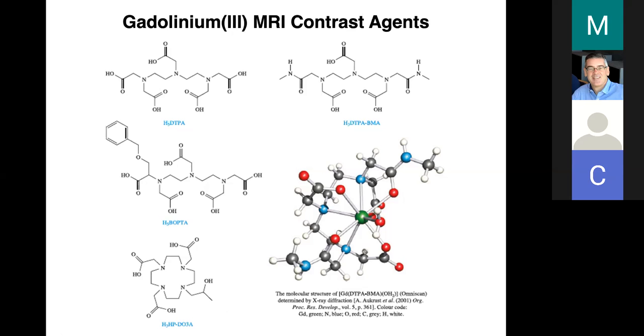And that allows us to have a larger contrast in imaging various tissues, depending on how readily their water content can exchange with the coordinated water. And so this is still quite a field of research. You want to have a very strong binding interaction of the ligand so that you don't have free gadolinium, but you also need to have accessible exchange of water.